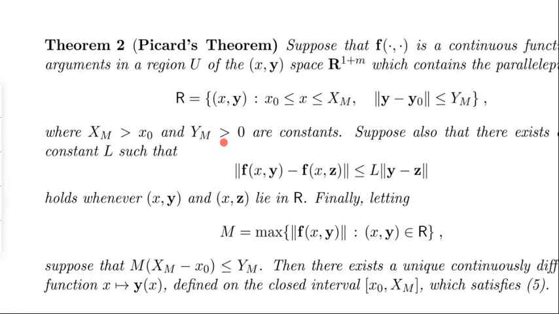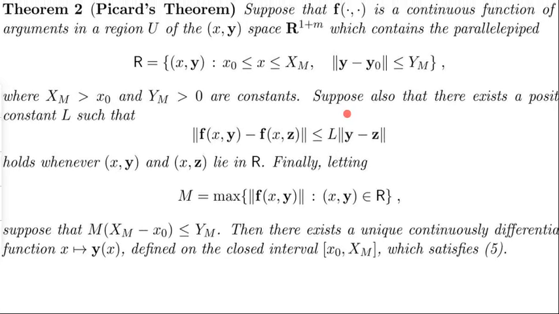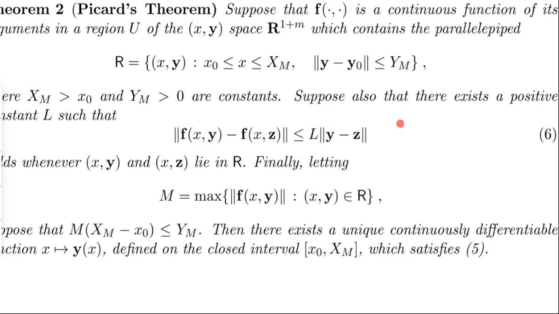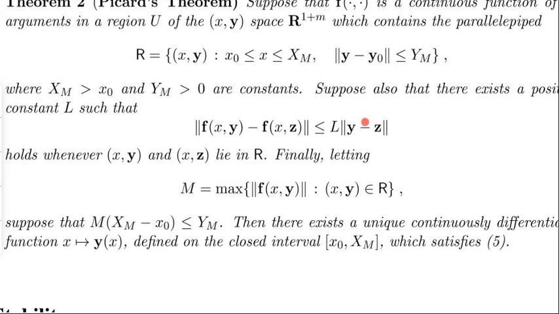Here xm is a value greater than x naught, and Ym will be a positive constant. Also, suppose there exists a positive constant L such that we have this relation.